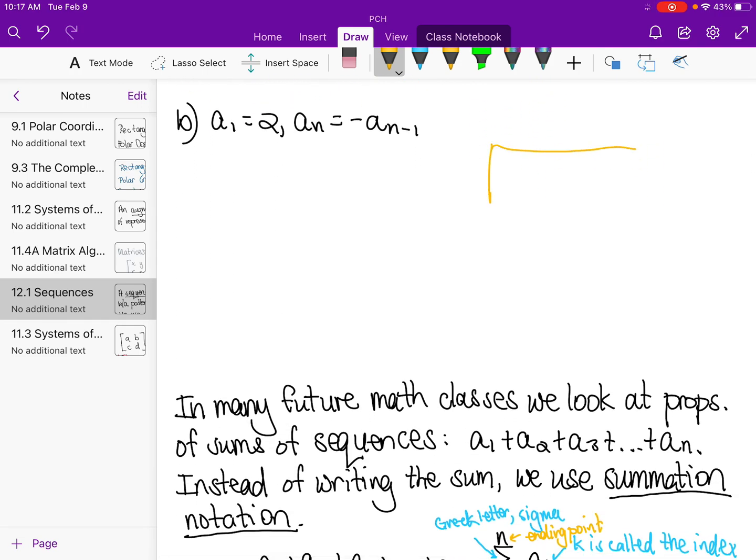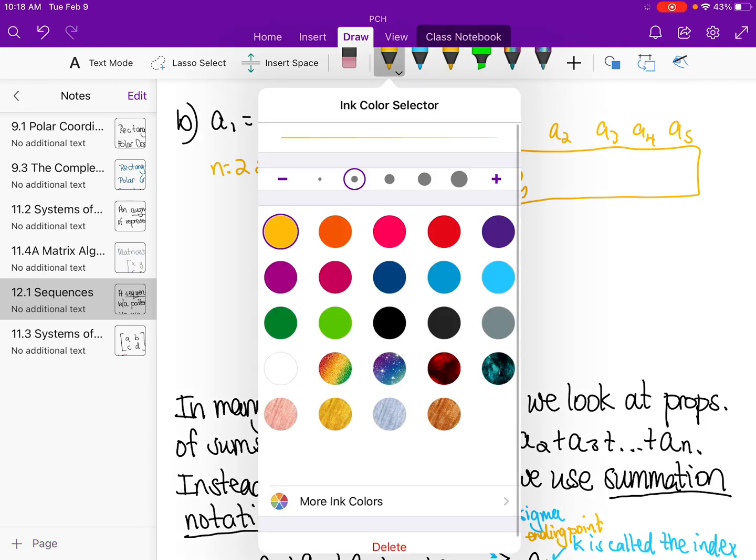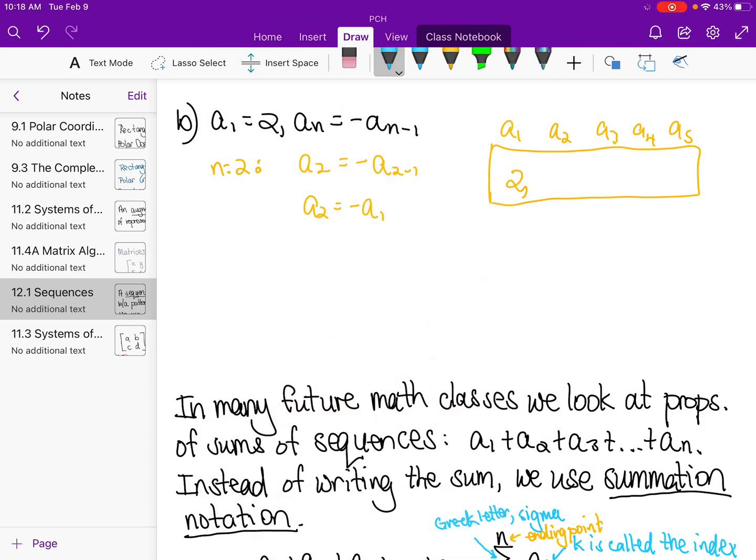So again, this is my answer box: my A1, my A2, my A3, my A4, my A5. I already know my A1. I'm going to find my A2 by plugging in, and I'll show it one more time here. Well, A2 is just the opposite of A1. So I'm going to plug this 2 in right here and keep the rest of the formula the same.